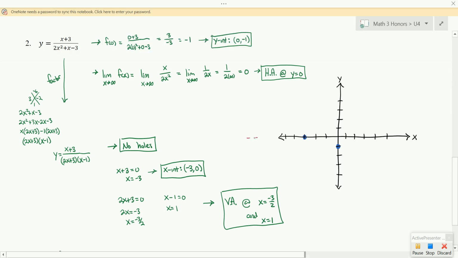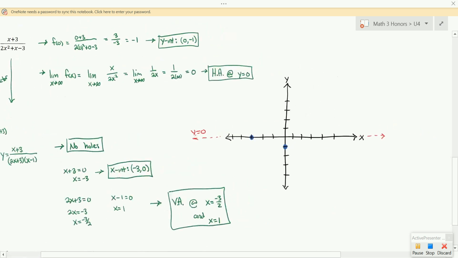That's along the x-axis. Label that. We have two vertical asymptotes, one at x equals 1, and one at -3/2.